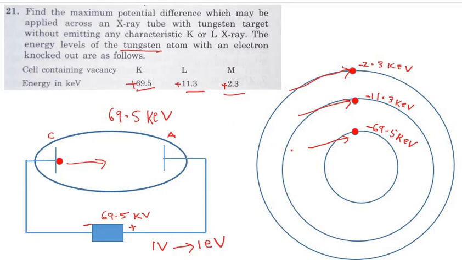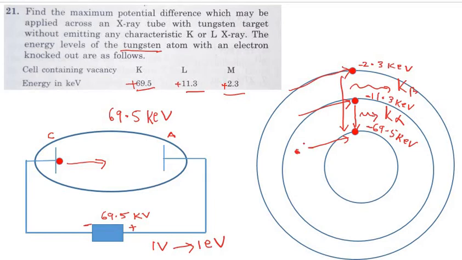So 69.5, during collision, the electron which is going to collide will supply its full energy, and this electron will be knocked off, and that electron will also go away, thereby creating a vacancy over here. So when that vacancy is created, this electron or this electron may fall down, which will be liberating K alpha, or which might be liberating K beta radiations as well.